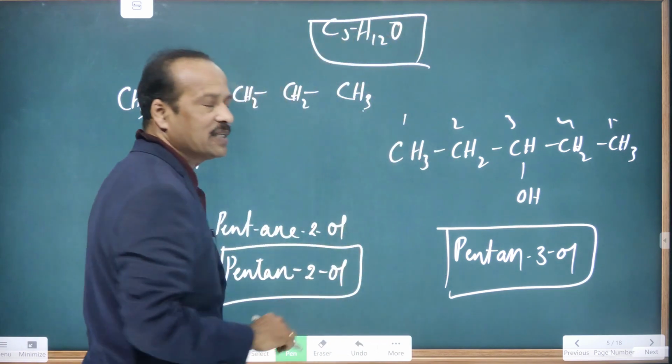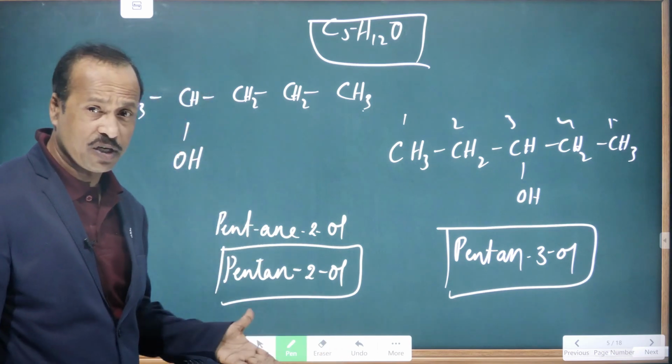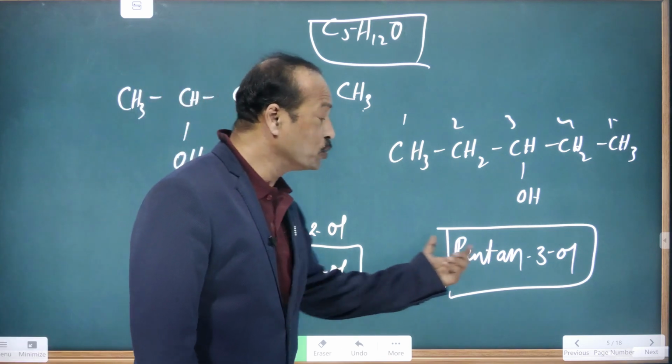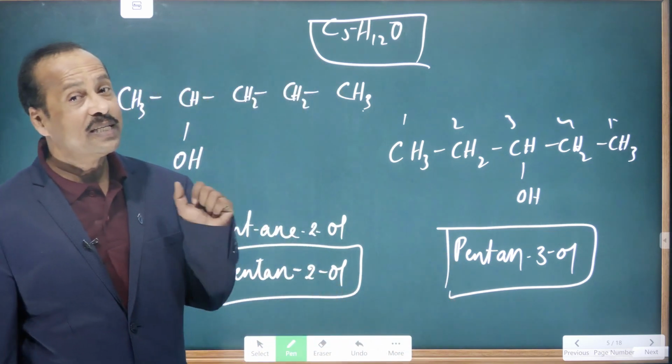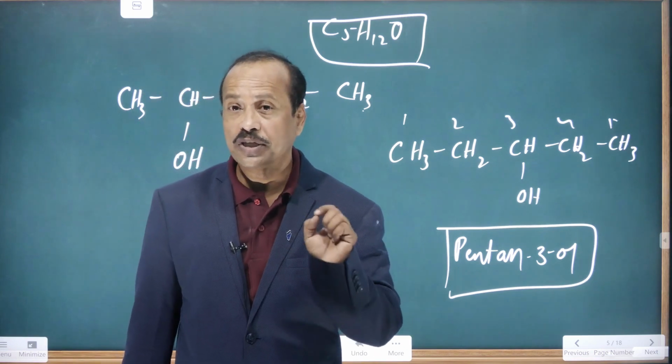So both have the same formula, same functional group, but there is a difference: a change in the position of the functional group. Such type of isomerism is called position isomerism.